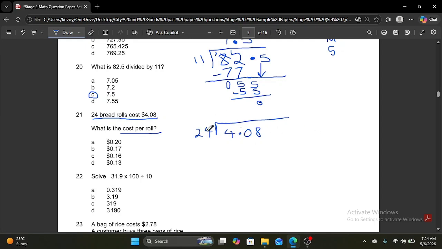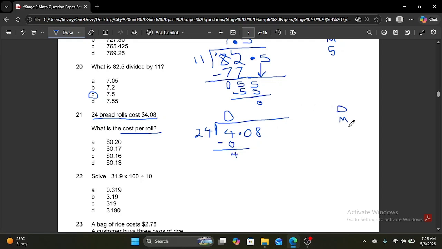So first things first, let's divide. The first step when dividing is to divide. 24 into 4, we can't, so you put a 0 there. After you divide, you multiply. 0 times 24 is 0. After that, you subtract. So 4 minus 0 is 4.